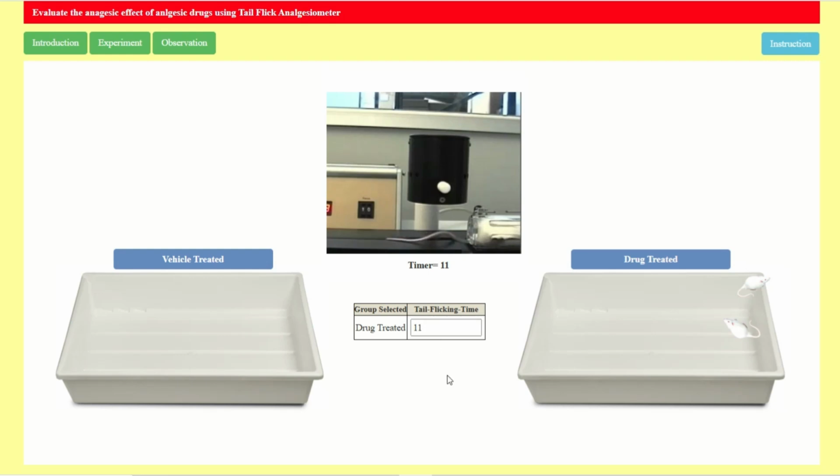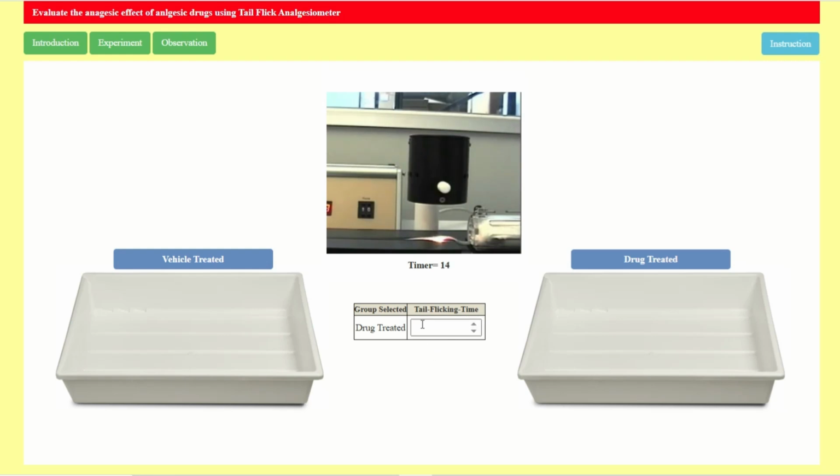This is a bit surprising. Now we will go for the next animal. The fifth animal result is 13 seconds. Now we will go for the last animal from the drug treated group.